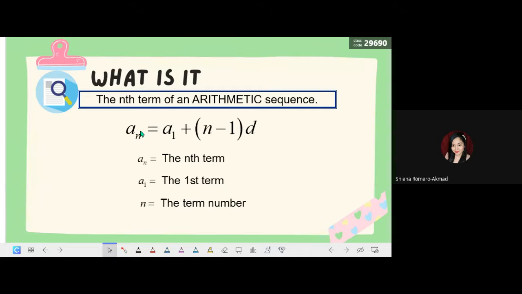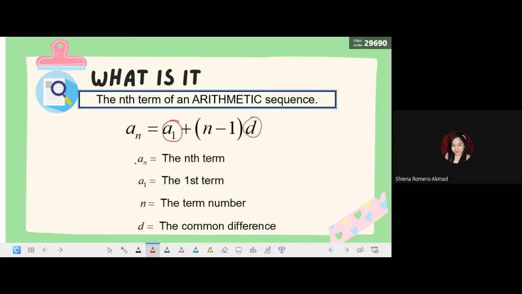So, kung a sub 7 yan, ibig sabihin 7th term. And yung d is the common difference. And remember, kapag tayo ay gumagawa ng general term ng certain sequence, ito lang yung kailangan natin. Simpleng-simple lang. A sub 1 lang at saka common difference lang.